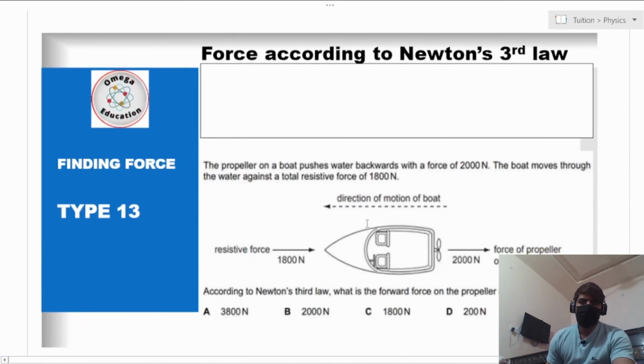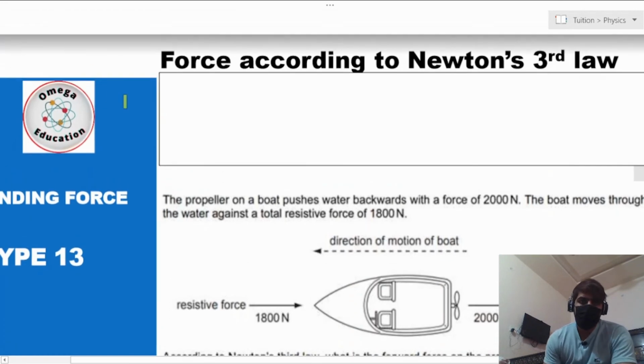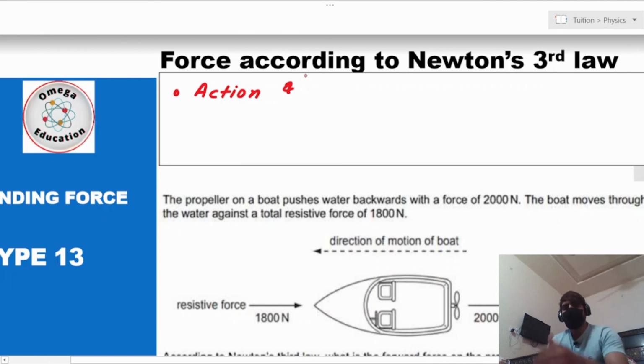All right, so let's move on to the next one, which is pretty much the same as the previous one, force according to Newton's third law. So in this one, the most important thing to consider is the force that you're applying, I could call it action, and the force that is there due to that action, we call it reaction.